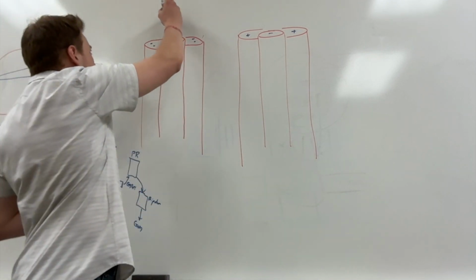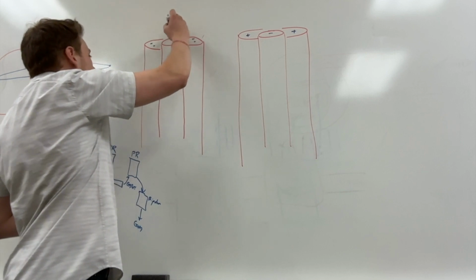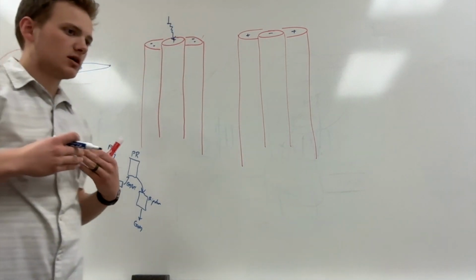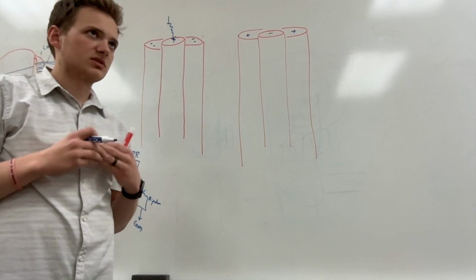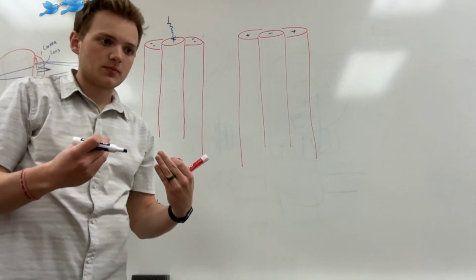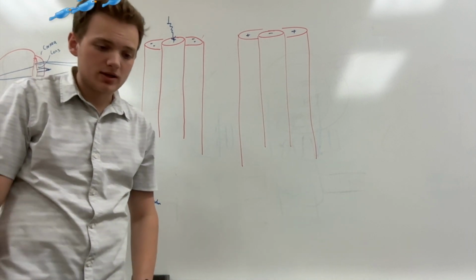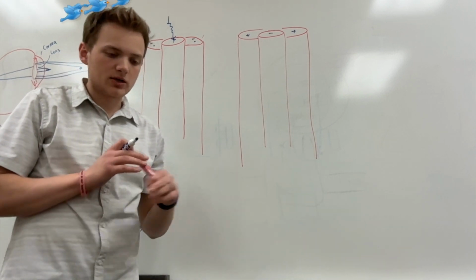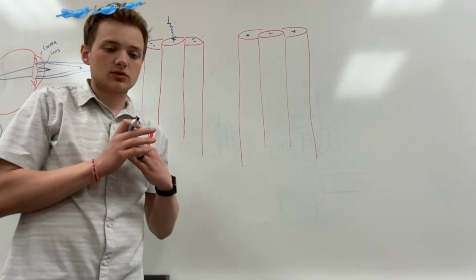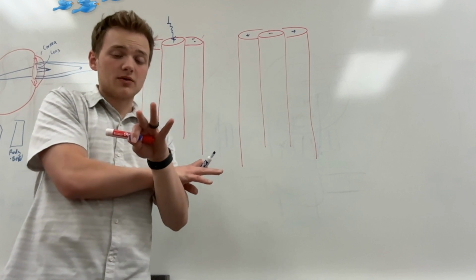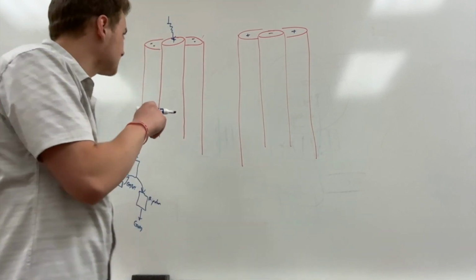When a light particle hits our on-center cell, we stop releasing glutamate into our extracellular environment. Because whether it's on-center or off-center, notice that the changes only occur in the bipolar cell. Everything before that on the photoreceptor was perfectly normal.